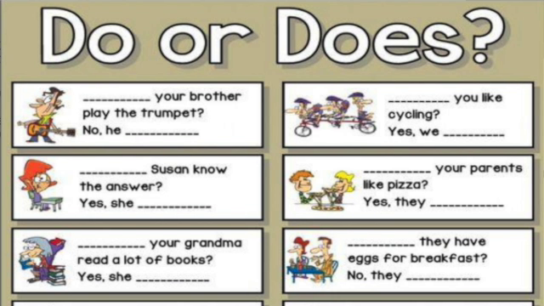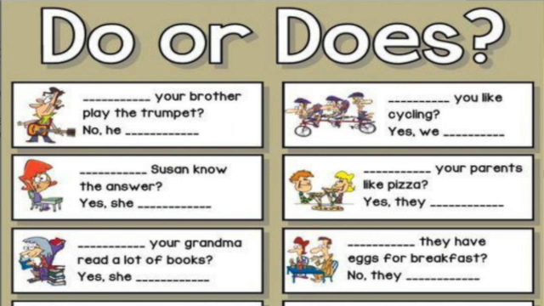And remember the rebels of the grammar, so it is do or does. Yes, it's does. So does your brother play the trumpet? No, so it is negative, and we put the auxiliary as a negative. Does in negative is doesn't. So no, he doesn't.